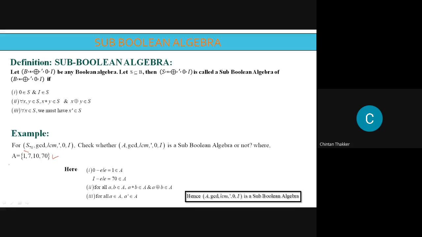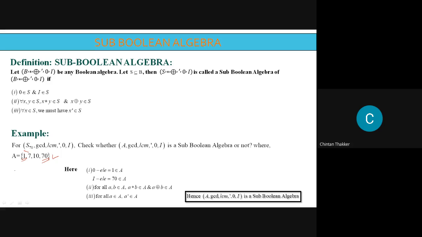So here first see 0 element is 1 and I element is 70. Both belong to the A. So the first condition is satisfied. Then for the second condition, we have to make the tables.